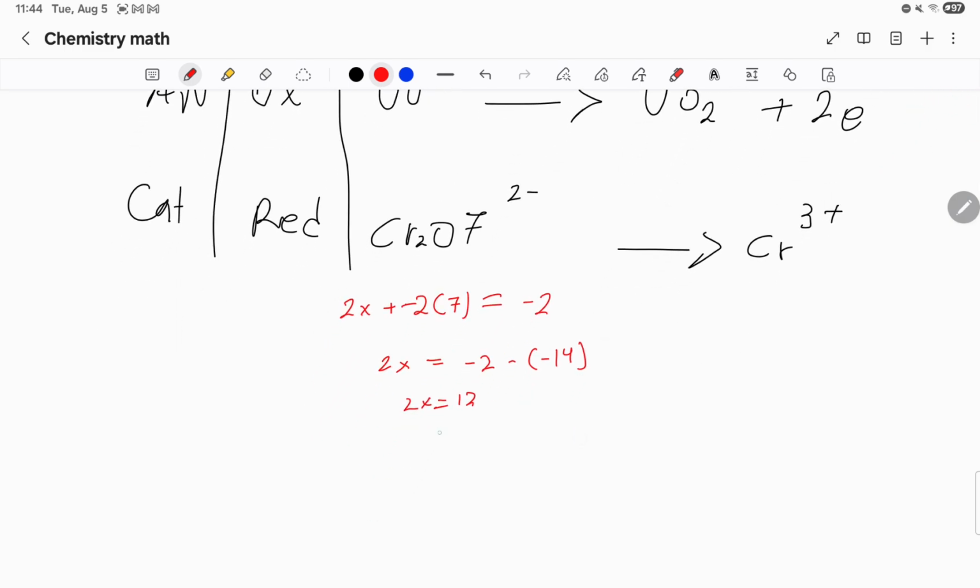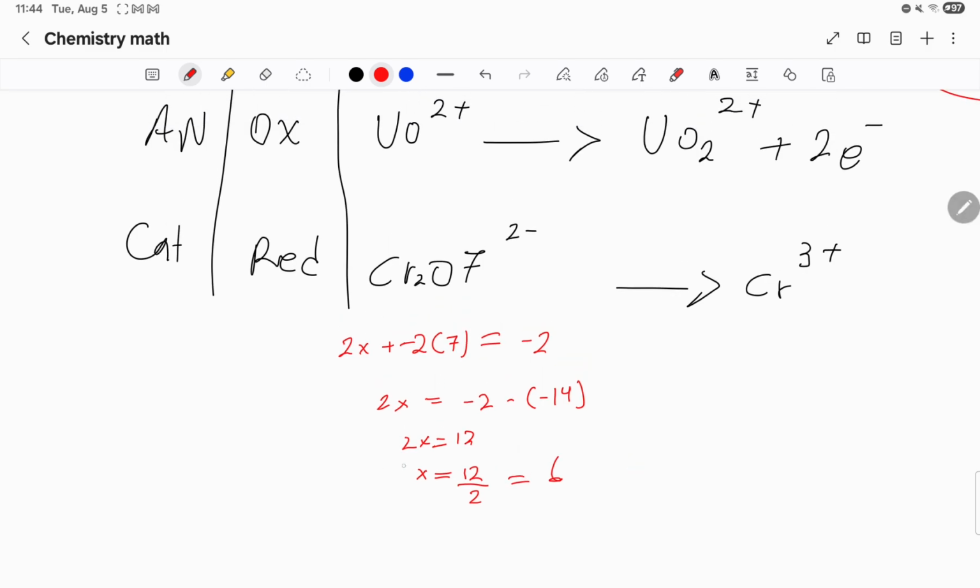So 2x equals 12, but we're not done yet. So we will do x is equal to 12 over 2, which is 6. And we could easily check for this by plugging 6 into this equation. So if I do 2 times 6 plus -2 times 7, the answer should be -2, which it is.